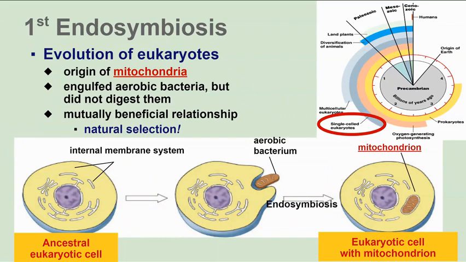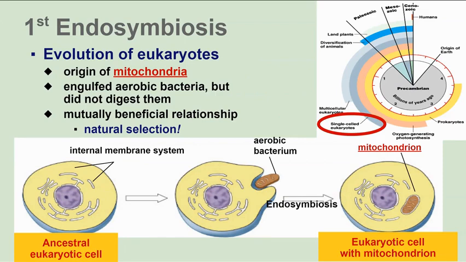And how this happened is basically some ancestral eukaryotic cell engulfed or took in anaerobic bacteria, but for whatever reason didn't digest them. So maybe the lysosome malfunctioned or something happened where what would normally happen when a cell takes in a bacteria didn't happen. And what developed was a mutually beneficial relationship.